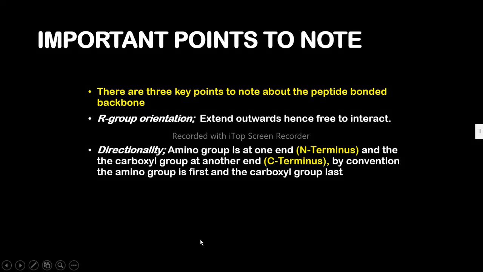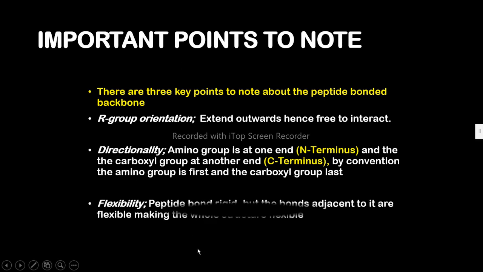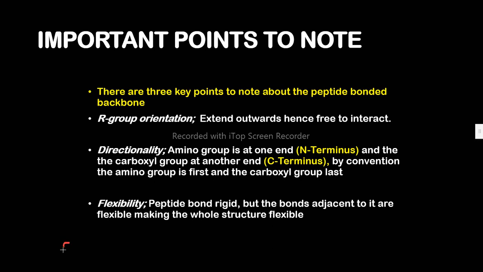Then finally, the flexibility of a given polypeptide chain. The peptide bond that is going to be formed, because we have said that it is formed between the carbon and the nitrogen, is a peptide bond, and the rest are normal covalent bonds.